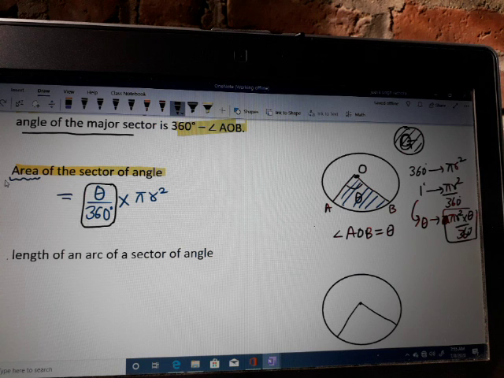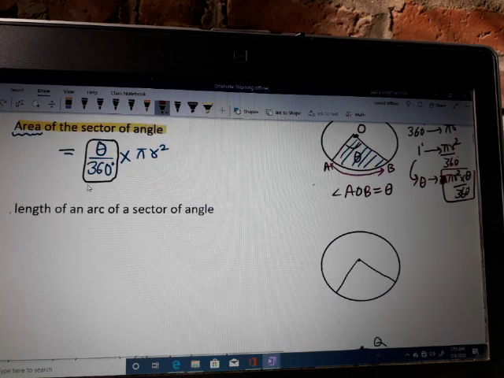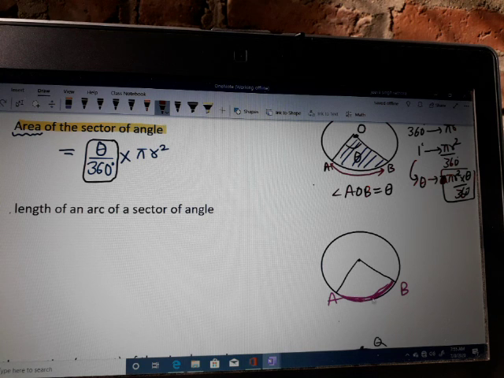If you want to find area, then the theta by 360 factor remains the same, and the area of circle is pi r square. If you want to find out the length of the arc, what is the length of the arc in the diagram? That is equal to AB. Length of arc is AB. Suppose I am again writing here, this is the length of arc AB. If you want to find out this length of arc AB, this distance from A to B, how will you find it?